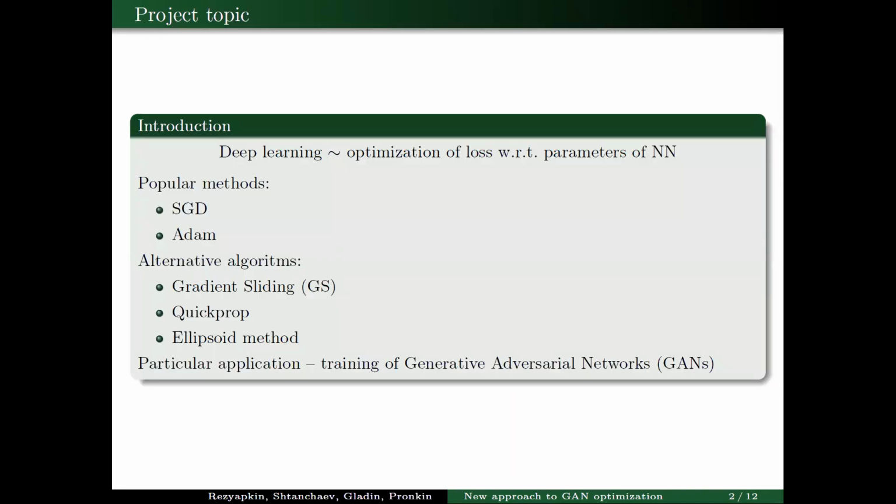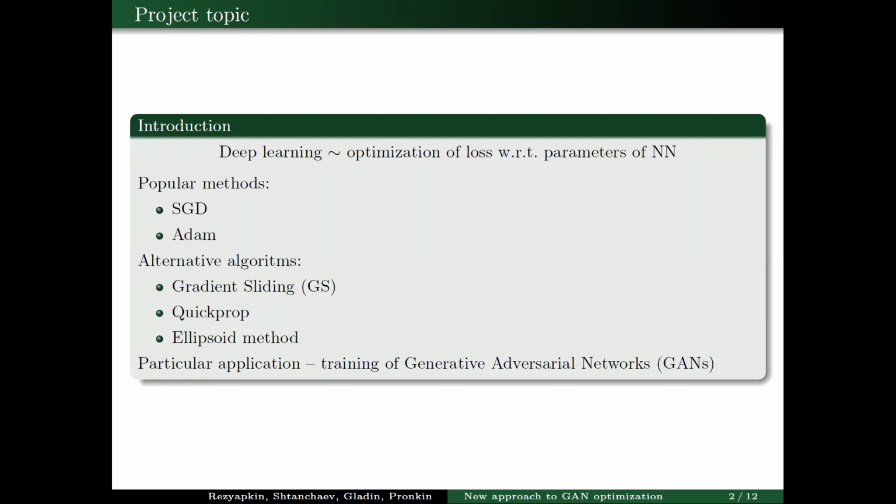So deep learning can be viewed as optimization of loss function with respect to parameters of the neural network. And the most popular methods for this optimization are probably stochastic gradient descent and ADAM.